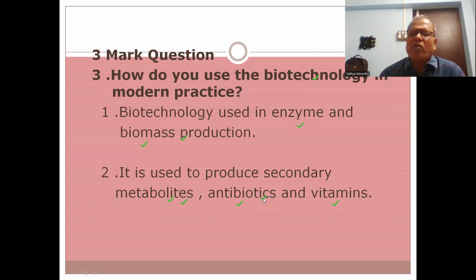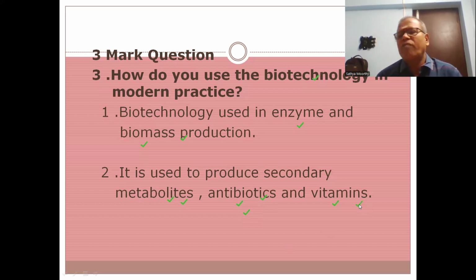And antibiotics. Antibiotics are chemicals or chemotherapeutic agents isolated from one living organism and used to kill the other. Penicillin, streptomycin, aureomycin, neomycin, bacitracin, subtilin. These are all produced on a large scale by using the fermenter, the bioreactor.